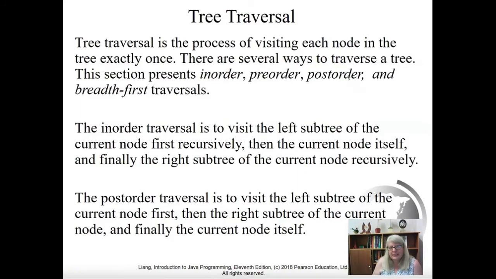Welcome back. Now we are doing tree traversals. You are used to walking through a linked list from start to finish, or through an array from start to finish, maybe from back to front, but that's not the case in trees.